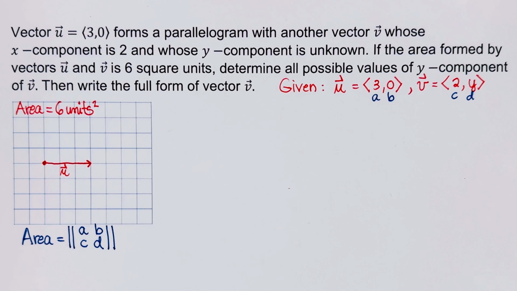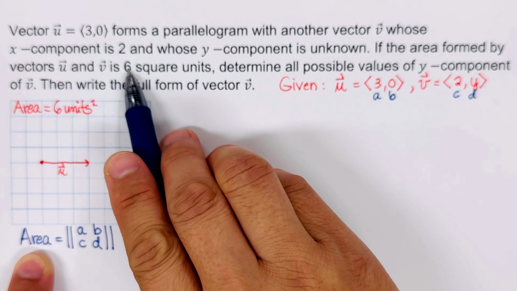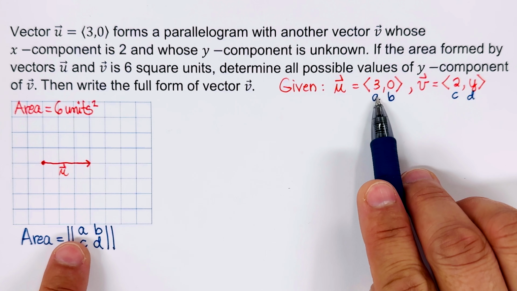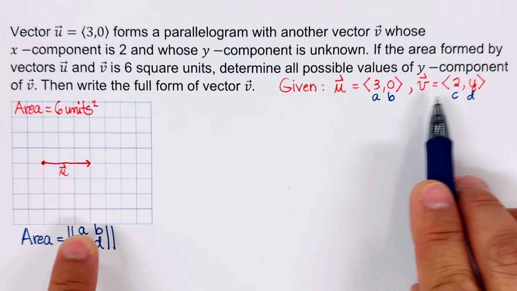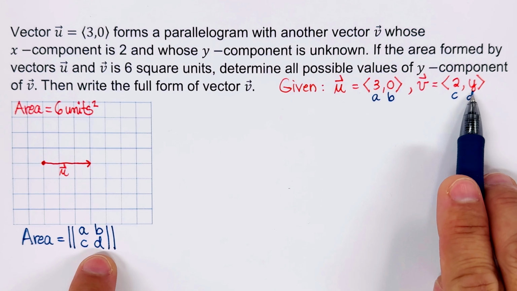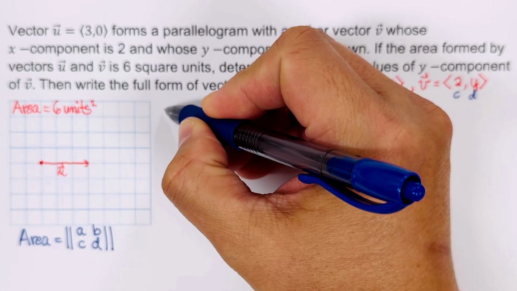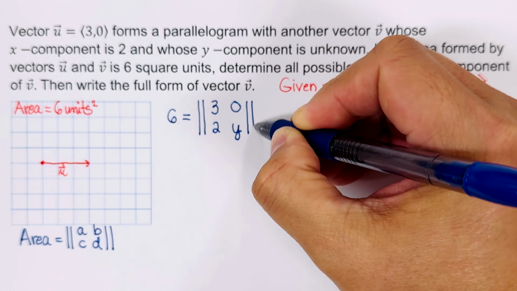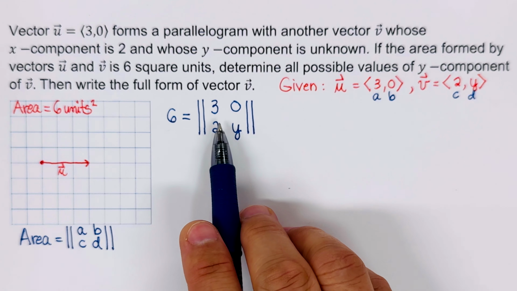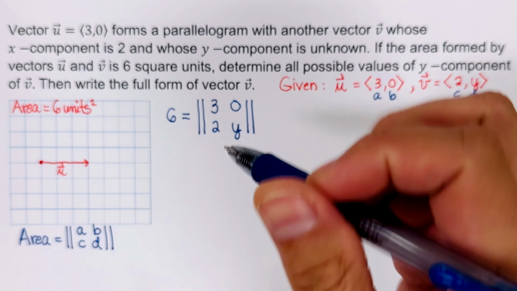So let's go ahead and plug in the values that we know from here. Our area is 6. Our a is 3. Our b is 0. Our c is 2. And our d is y. So we go ahead and find the determinant for this given matrix right here.